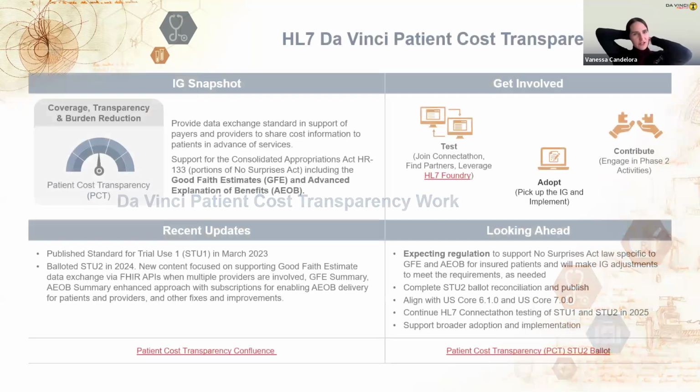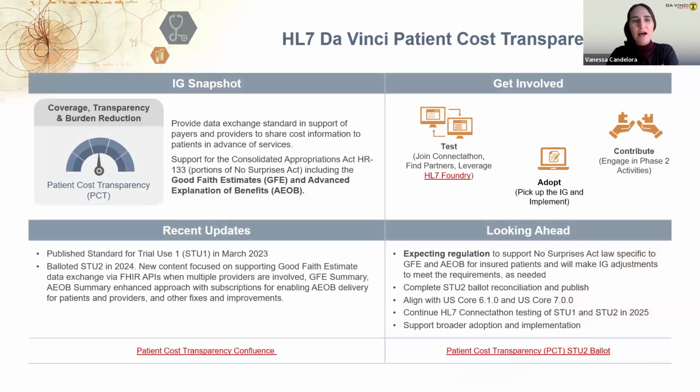All right, the DaVinci cost transparency work. This is a summary slide of our implementation guide and the use case. The little dial there shows our progression towards maturity, and the blue color means we're of moderate maturity. We are in our standard for trial use 2 balloted version, which means we've already published an initial version of this that was focused on a certain scope for GFE providers to payers and payers AEOB out to patients, with an optional copy of that patient AEOB to the providers.